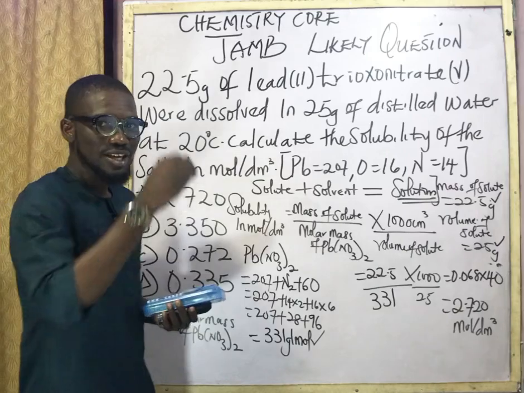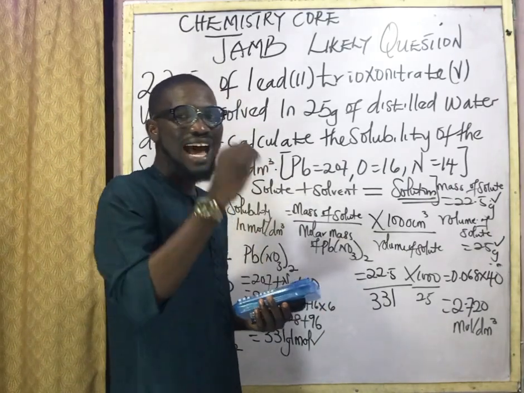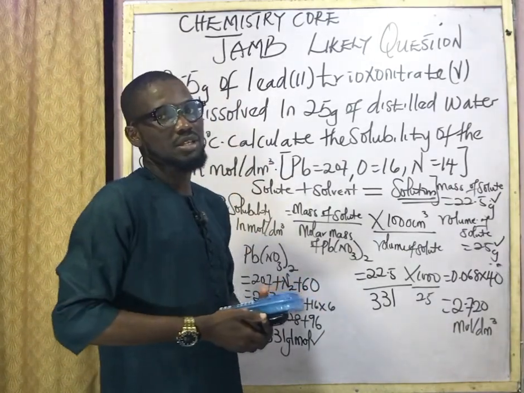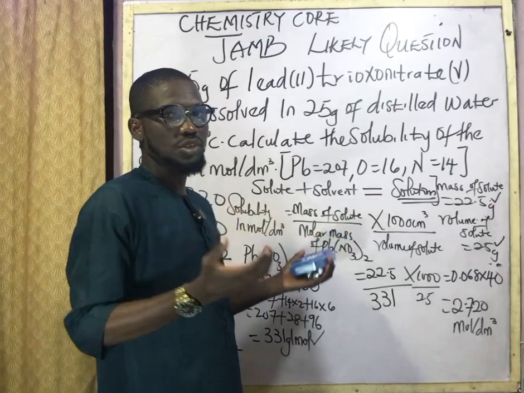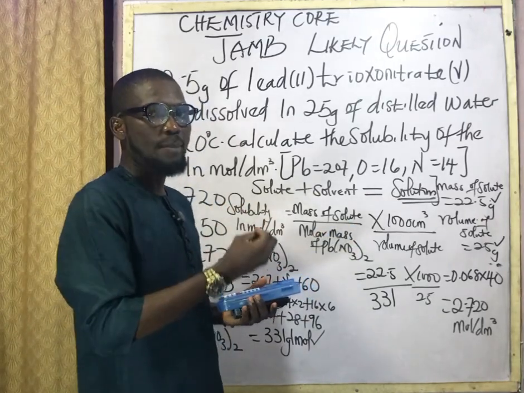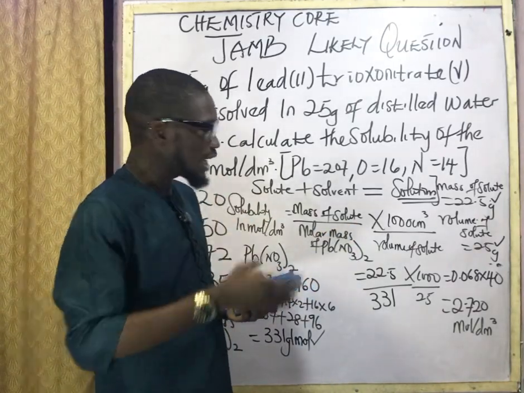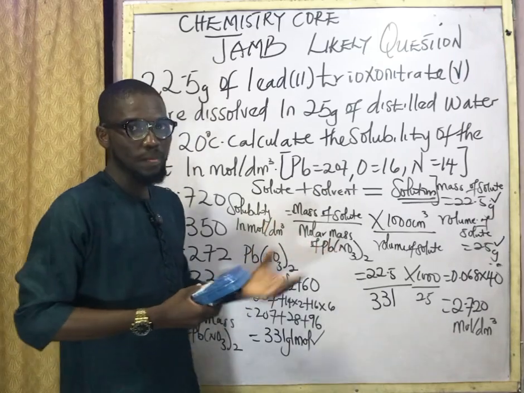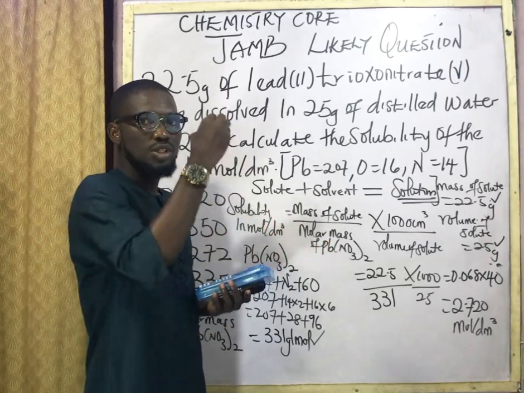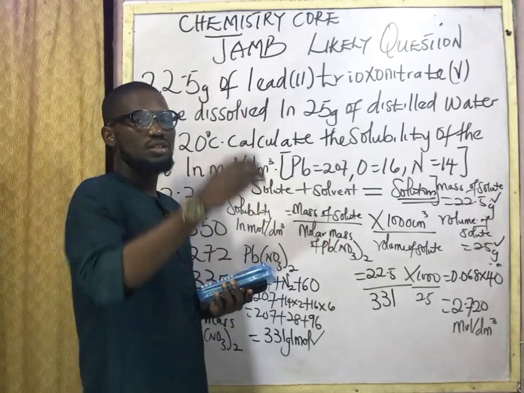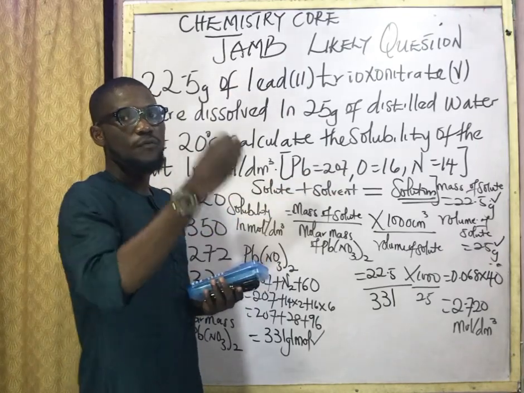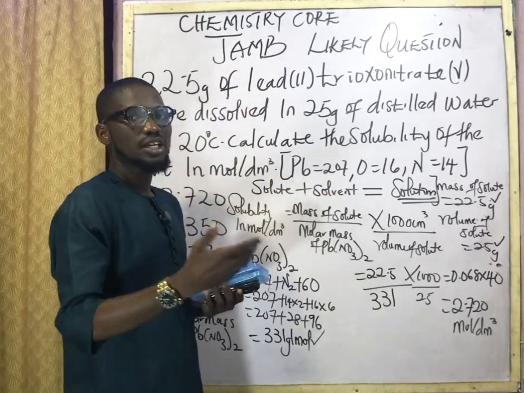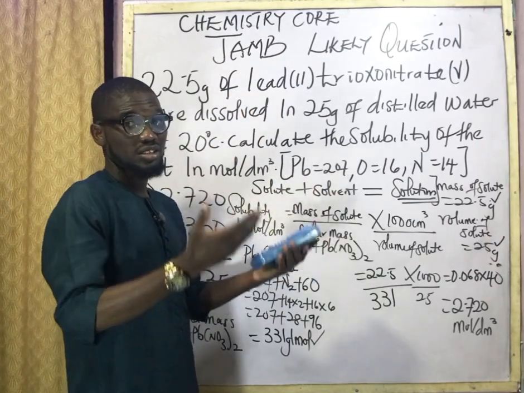Another formula is solute over solvent times 1000 over molar mass. You can choose either of the two to solve this type of equation. I repeat, if you are not going to make use of this formula, you can as well use solute over solvent multiplied by volume divided by molar mass. We are still saying the same thing.